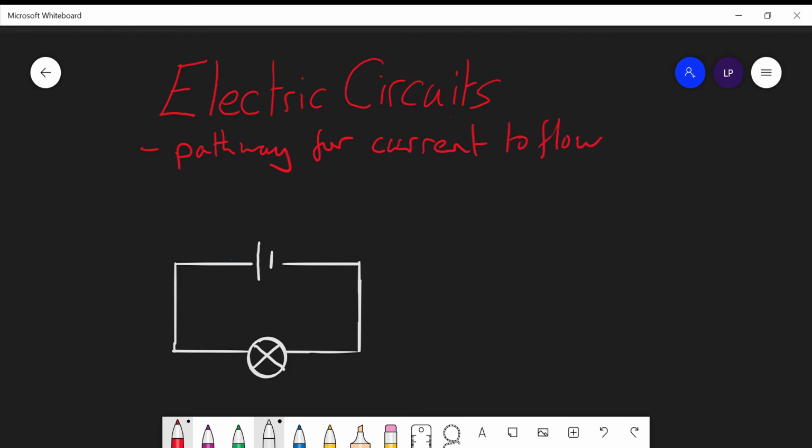This allows the charge, electrical energy, to flow around the circuit. It has to be complete, without any breaks, and then you'll get current. But if it's incomplete with a break, there will be no current.